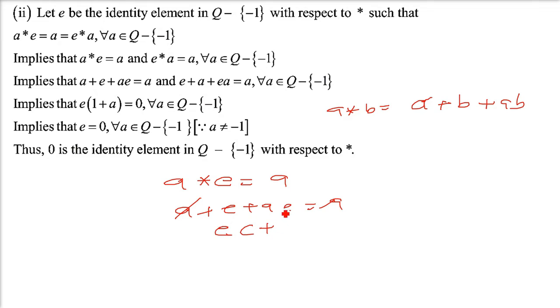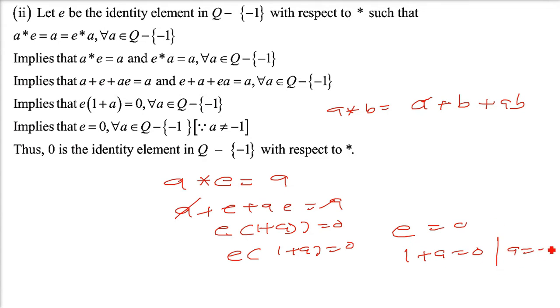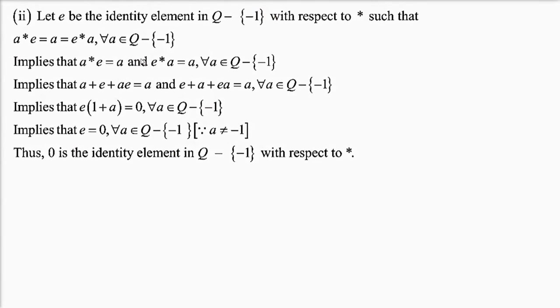E times 1 plus A equals 0. Basically there are two values: either E equals 0 or 1 plus A equals 0. So 1 plus A equals 0 means A equals minus 1. But since Q minus 1 is given, you cannot have A as minus 1. So E has to be 0. This is the identity element.